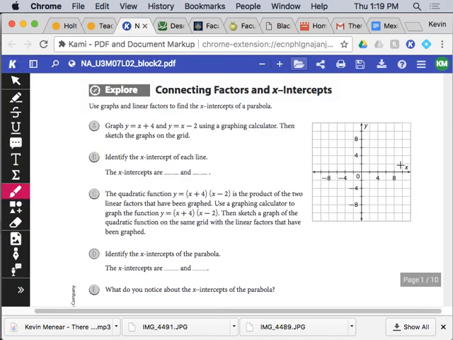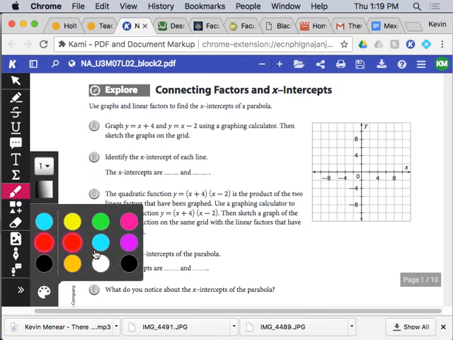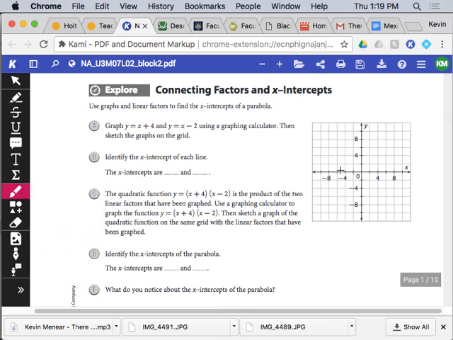And if you want, you don't have to, but I think you should, go ahead and draw your two lines right here at -4 and at 2. Because that's what's important here.